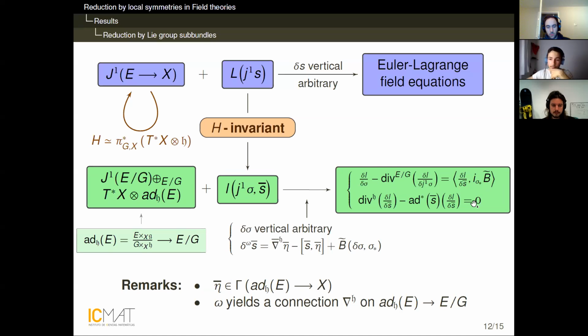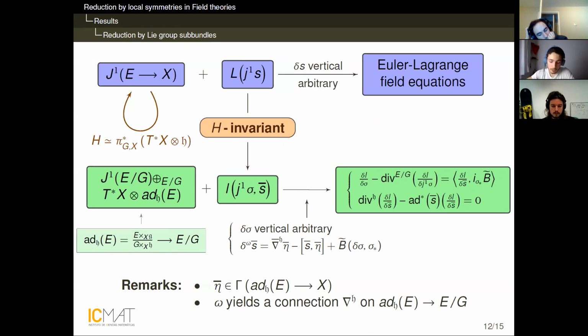And the second one is like the Euler-Poincaré equation and can be regarded as a conservation law using the Noether theorem. So formally, they are pretty similar to the ones obtained in the classical case, but the objects we are working with here are slightly different. For example, this adjoint bundle also has this quotient.